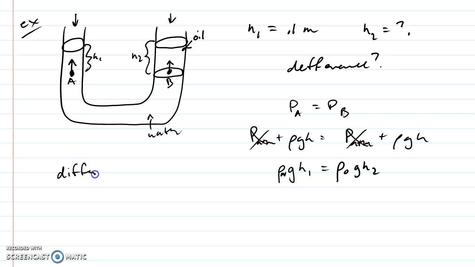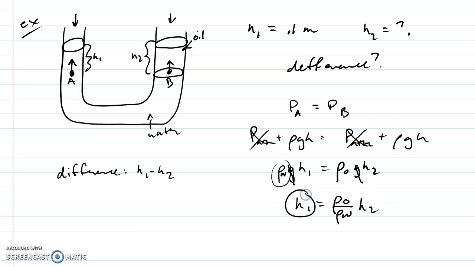The difference in heights is H1 minus H2. So over here, what I'm going to do is get H1 alone. So I can cancel out the g's on both sides, and I'll divide by the rho of water. So H1 is the same as rho of oil divided by rho of water times H2.